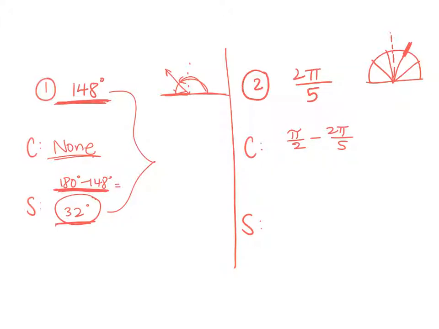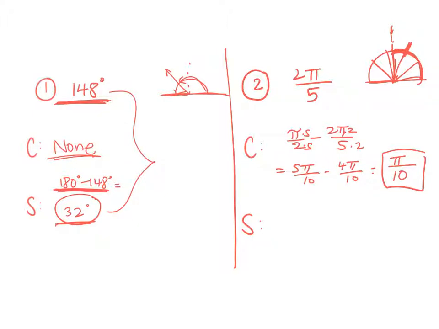Again, we're dealing with fractions, so we need a common denominator. We get 5 pi over 10 minus 4 pi over 10, leaving us with an answer of 1 pi over 10. It makes sense: if I have 2 pi over 5 and I add pi over 10, that's going to give me pi over 2, halfway of my pi radians.